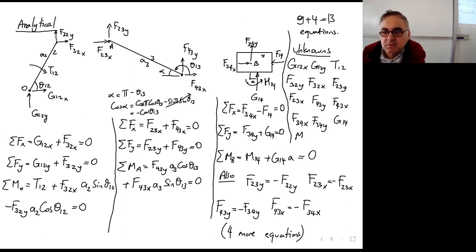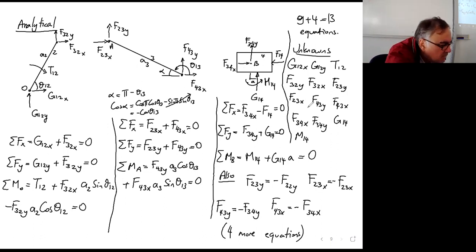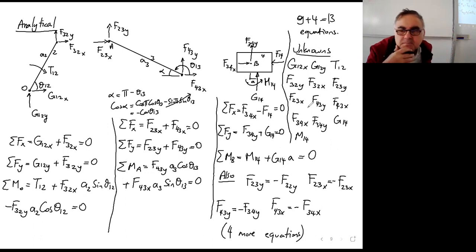And also this A is unknown. So 1, 2, 3, 4, 5, 6. But I think, if I did everything correctly, let me see.